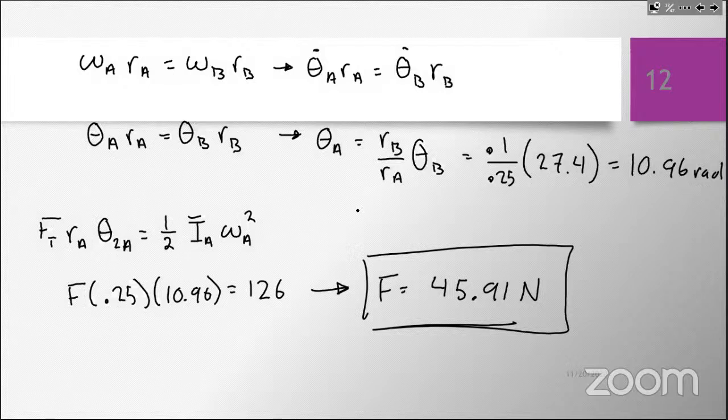Why did you go to one half inertia angular velocity squared? Because that is the rotational kinetic energy. Remember what we started with, Nathan: our work-energy equation. This is 0 since we started at rest, so the amount of work that we did has to be equal to my final kinetic energy.